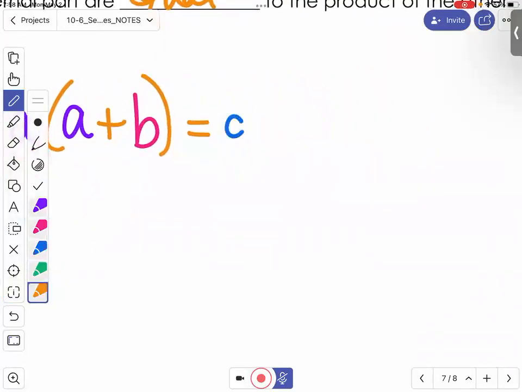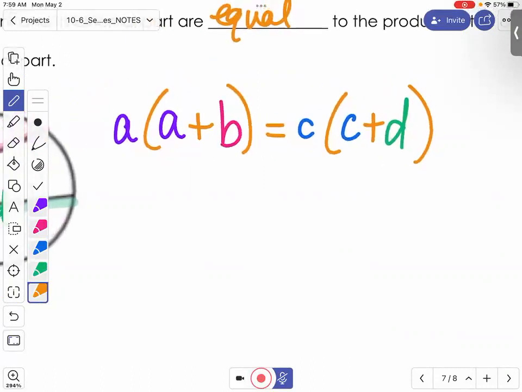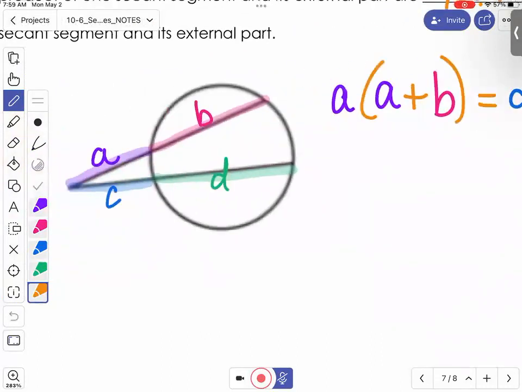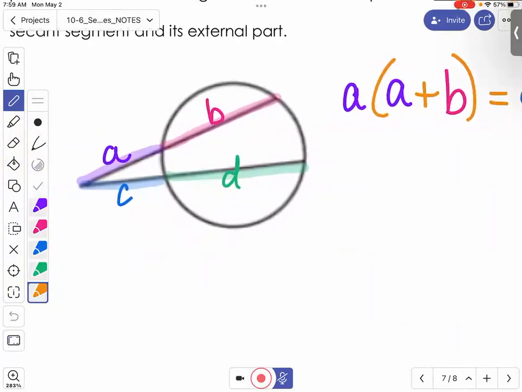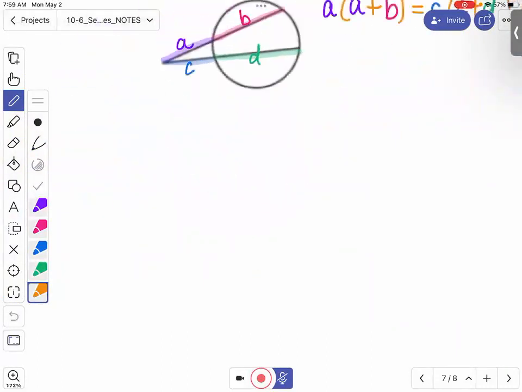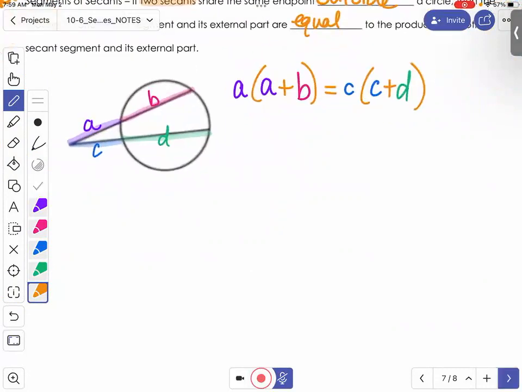So C times C plus D. So again, those two pieces have to be equal. And again, it doesn't matter which secant comes first. What matters is, again, A and B go together. C and D go together. So let's try our examples for this one.